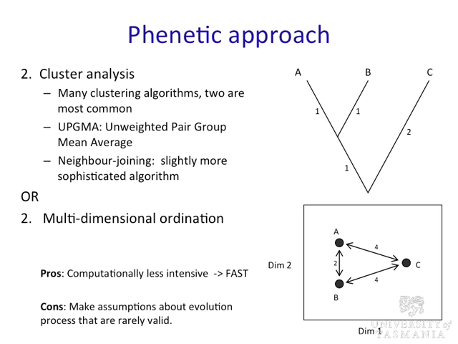But under normal circumstances, between organisms that are vastly different and may not have vastly different evolutionary rates over their evolutionary history, a phenetic approach will actually recover a very similar tree to some of the more sophisticated methods, and you can do it much more quickly because it's computationally a lot easier.